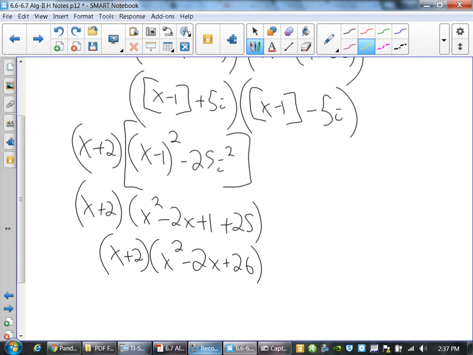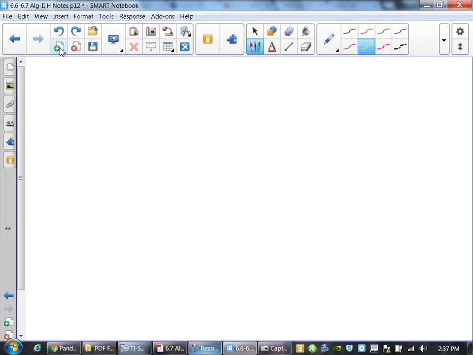If you have zeros of 2i and 2 minus the square root of 3. Okay. What are your other zeros, or zeros that are missing? 2 plus root 3.